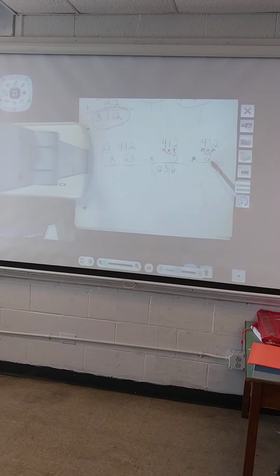Okay, so now the next one, I drew my arrows too. Now, look at this. Am I starting in the ones place? This 2 is in what place value? Tens. So that means I can't put my first number there, I have to put a 0 here, because I have to hold the place. So I'm multiplying 2 times 2 is what? 4.